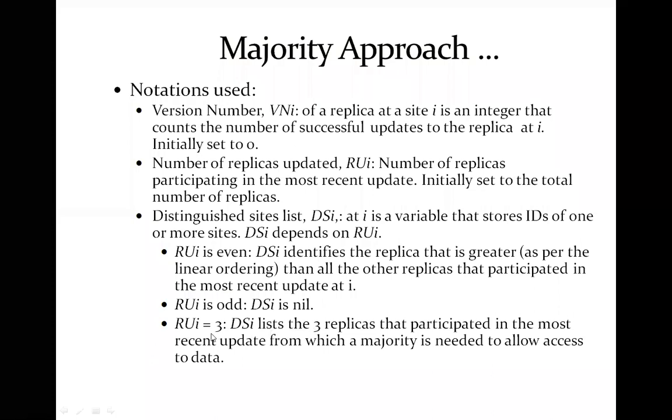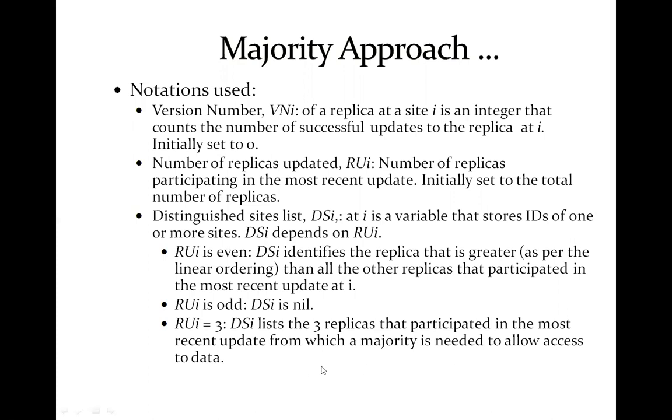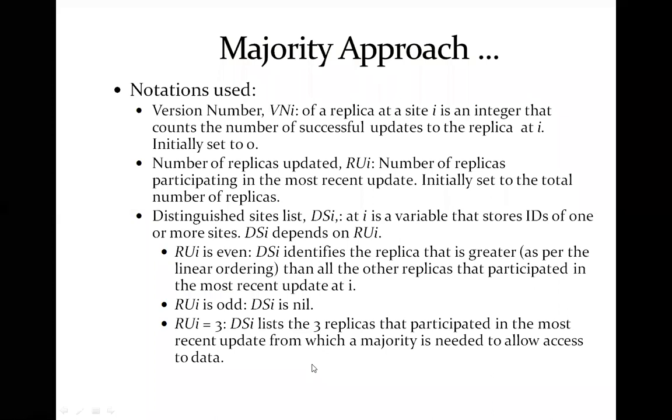But if it is odd and the value of RUi is 3, then in that case the DSi list will contain the 3 replicas that are participating in the most recent update, from which a majority is needed to allow access to the data.